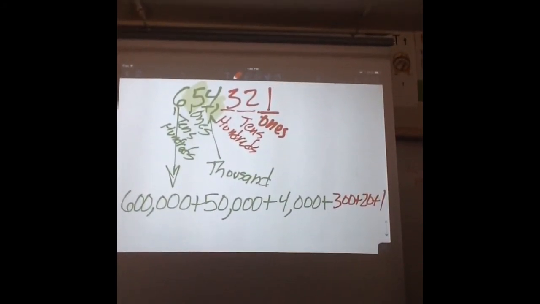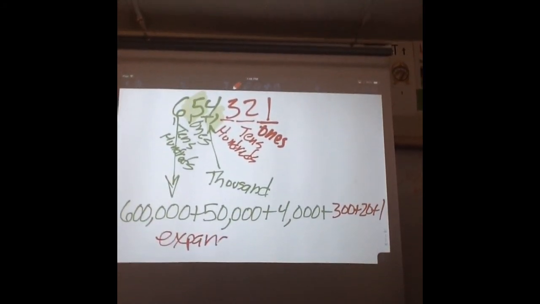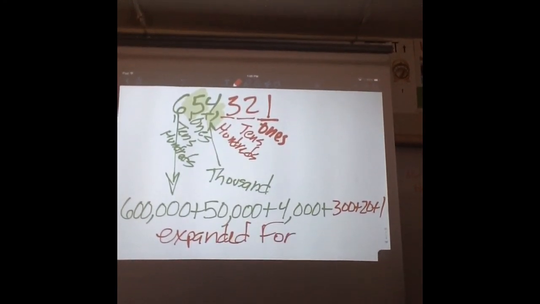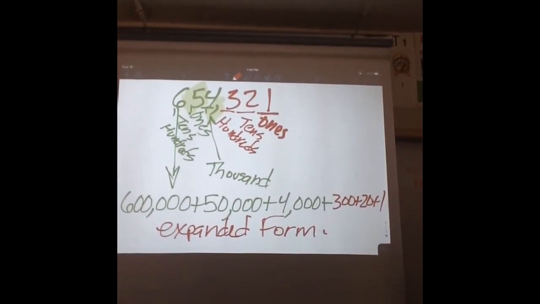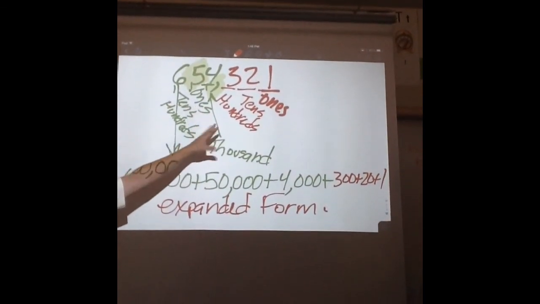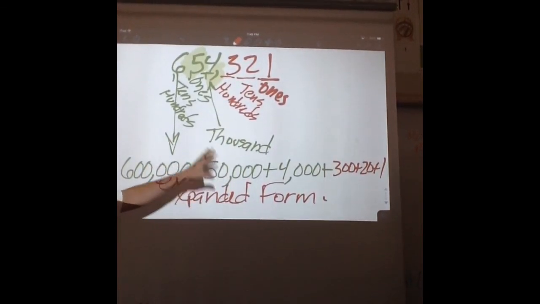Boom. This is called expanded form. And we just took our big number and turned it into what the values are for each place.